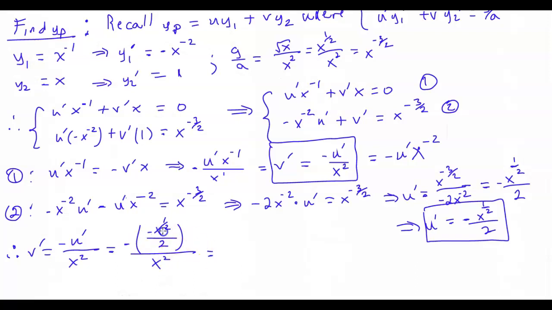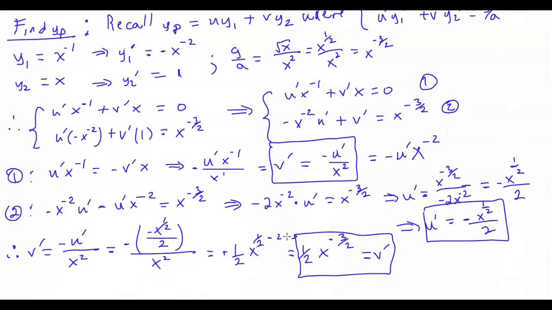Negative becomes a positive, and here we will have 1/2 x raised to the 1/2 minus 2, which will be 1/2 x raised to the negative 3 over 2. So that is what our v prime will end up being. We'll go ahead and box this off.